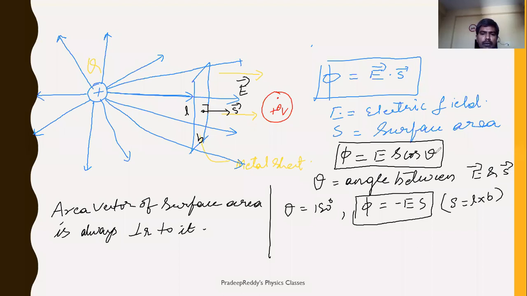If theta is equal to 90 degrees, then cos 90 is 0, therefore the flux passing through will be equal to 0, right? So electric flux not only depends on the magnitude of electric field and surface area, it also depends on the orientation of the surface area with respect to the field. That is a very important thing you should remember.